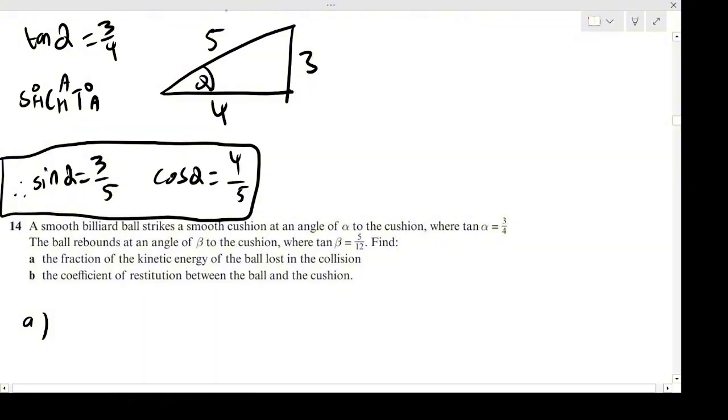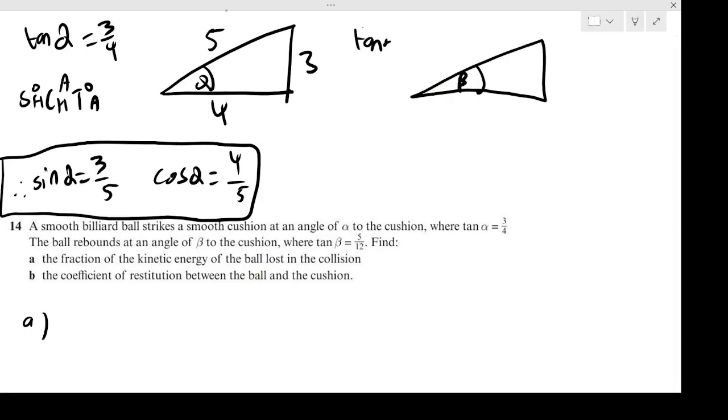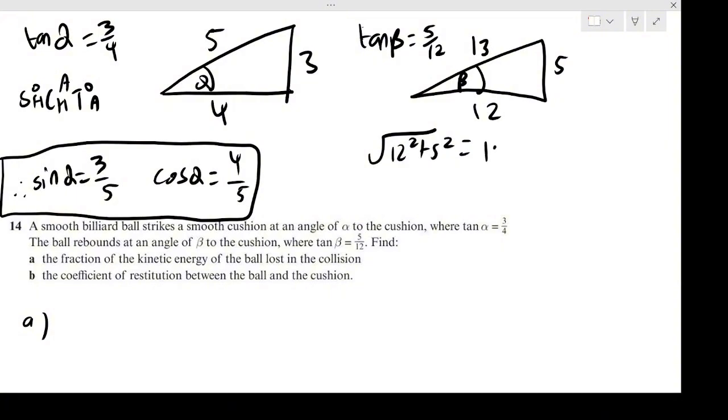Tan beta is 5/12, so the opposite is going to be 5 and the adjacent is 12. You can deduce that the hypotenuse is 13, because root of 12 squared plus 5 squared gives 13, due to Pythagoras.